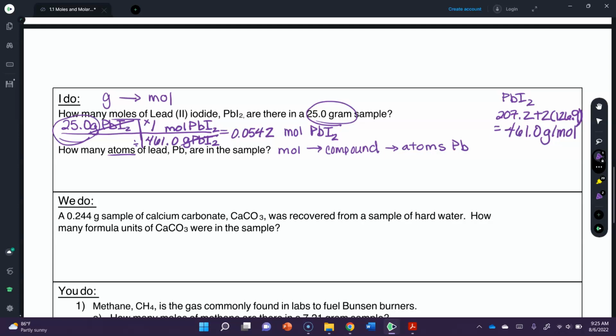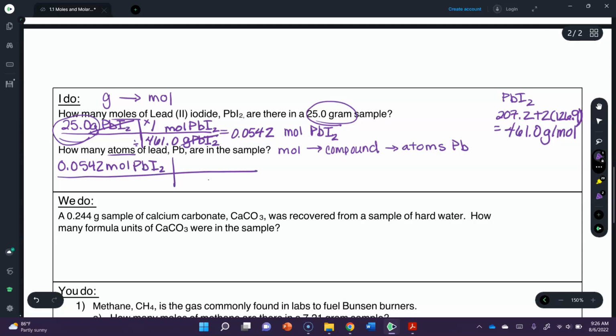So setting this up, we're going to use the moles we found in the previous part, so 0.0542 moles of lead iodide. And we have to change that into compound first. So we bring moles down, and then we have a compound of the lead iodide.